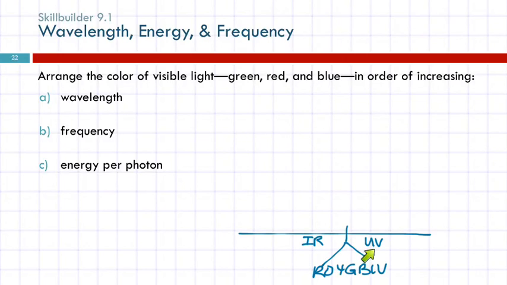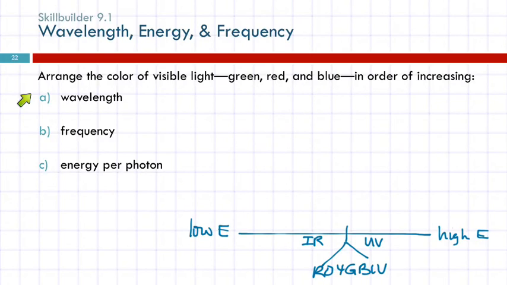So UV is what gives me a sunburn. This is higher in energy. So this is high energy on this end, and this is low energy. So now I've just anchored my visible spectrum there.